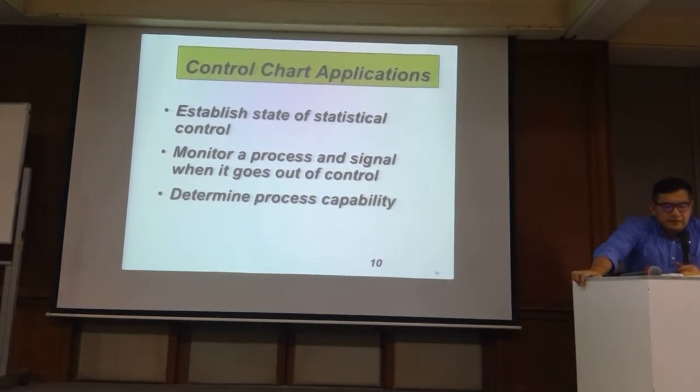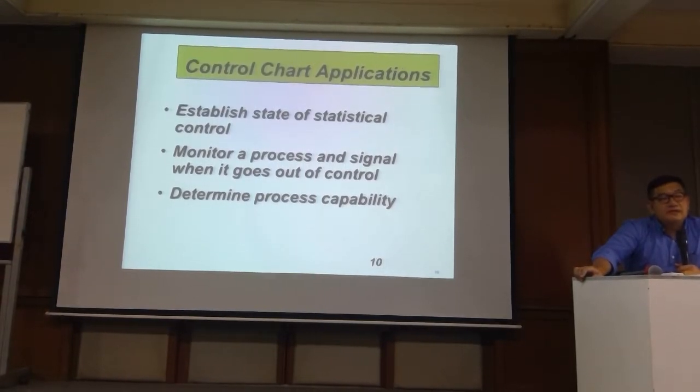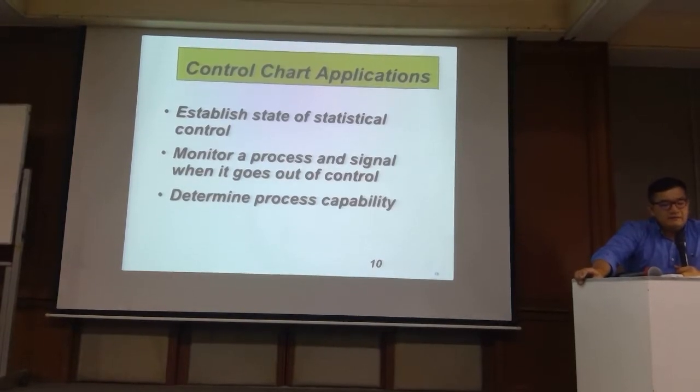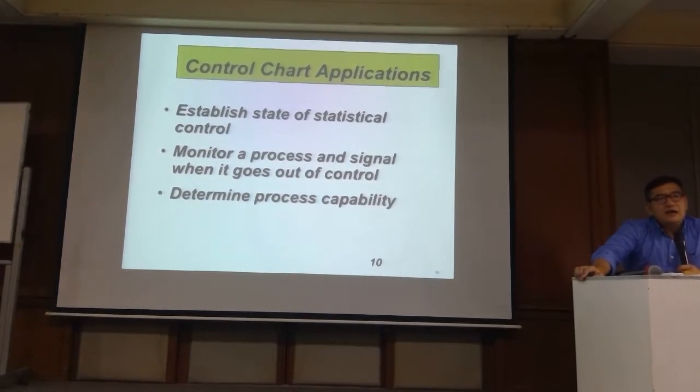For the steps, we start with setting up the control chart, and then use that control chart to monitor and evaluate the process, whether or not we have assignable variation. If you don't have any assignable variation, only natural variation, we call that process in control, and we're happy with that. But if you have assignable variation in the process, we call that process out of control.